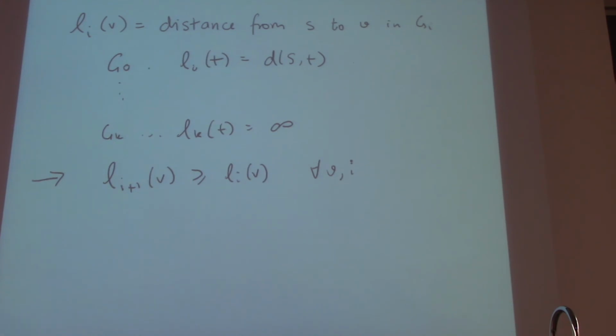The way to visualize what this is saying is that if you take the initial graph and measure distances to vertices, and you start pushing flow through them, what's going to happen?